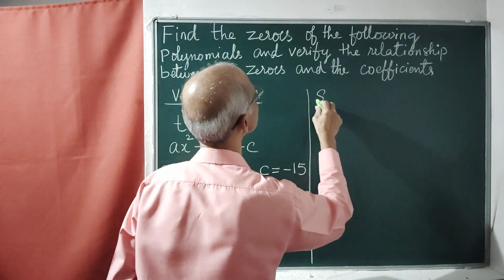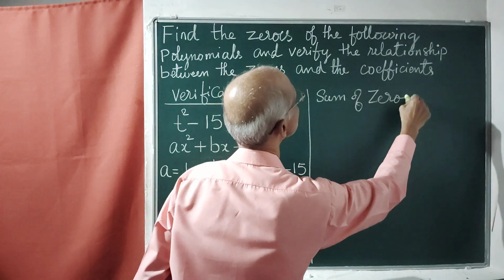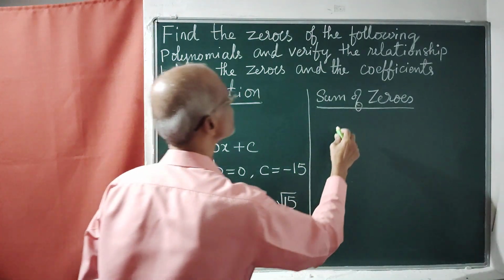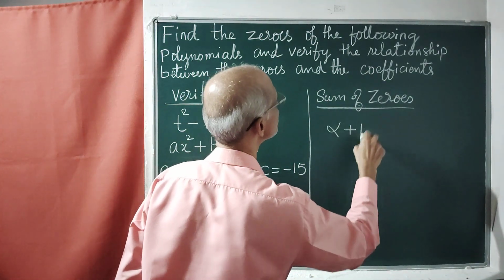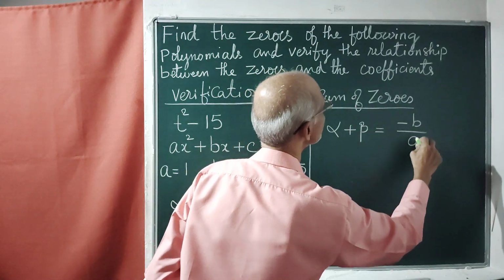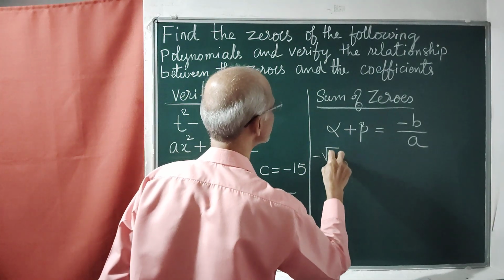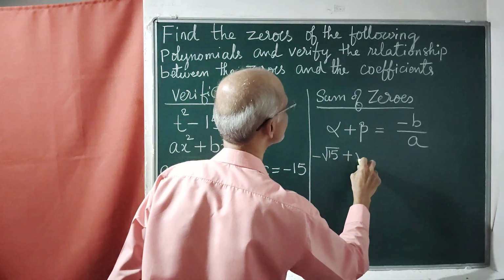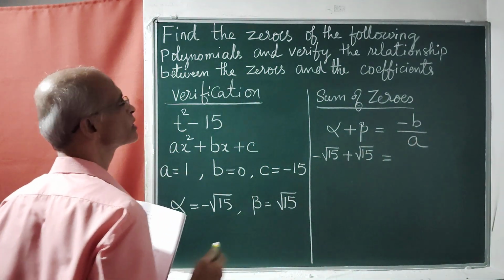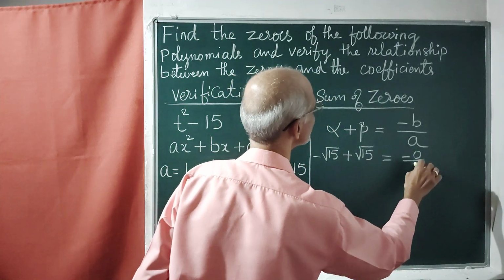Sum of the zeros. Alpha plus beta will be equal to minus b by a. Alpha plus beta means minus root 15 plus root 15, equal to minus 0 by 1.